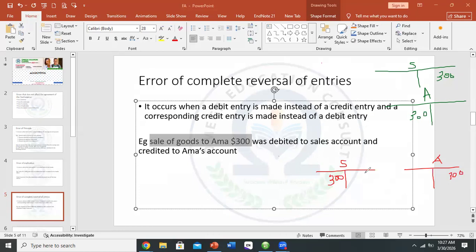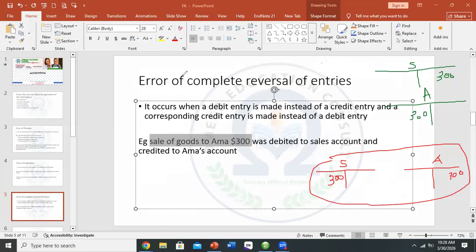So you see that when you extract a trial balance, yes, the debit is 300, credit is 300, but something is wrong. And we always pass the entry on the wrong thing that has been done to be able to get the correct. So here, if you compare, you see that our sales should rather have 300 here at the credit, and Amma should have 300 at the debit. But that's what they have done. So how do we correct it? Let me get reactions from professors. Yes, Austin.